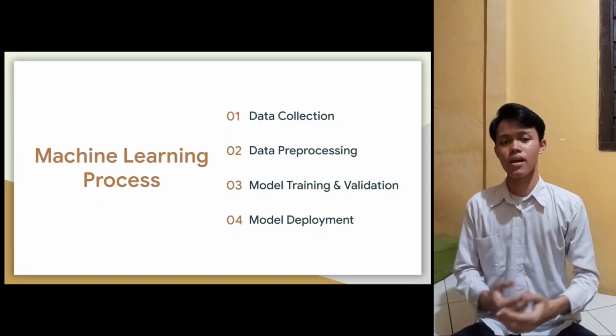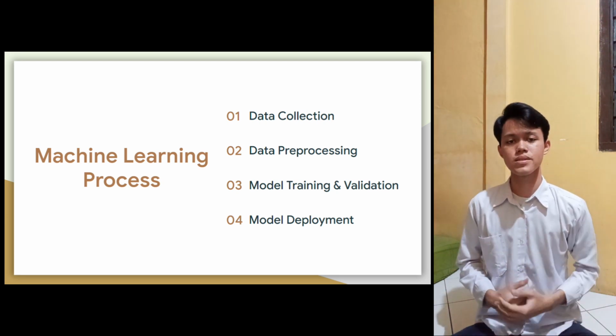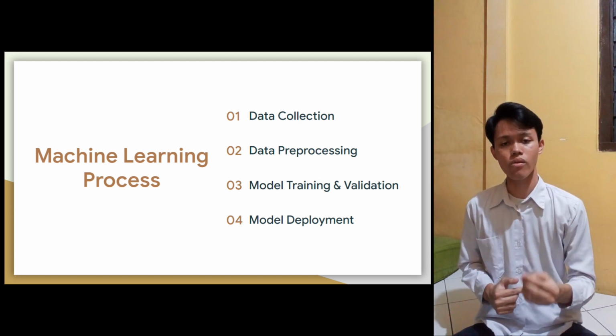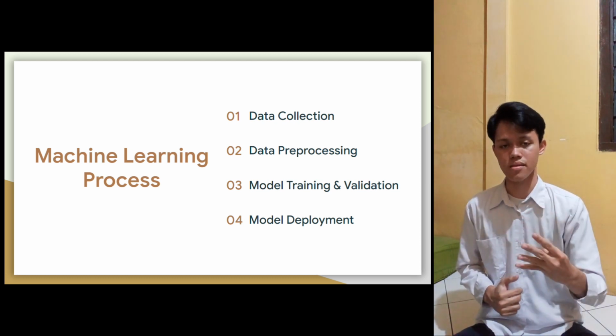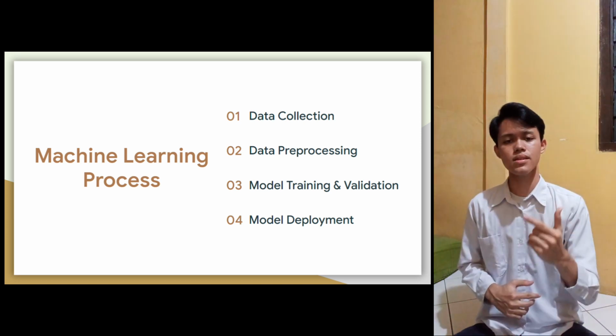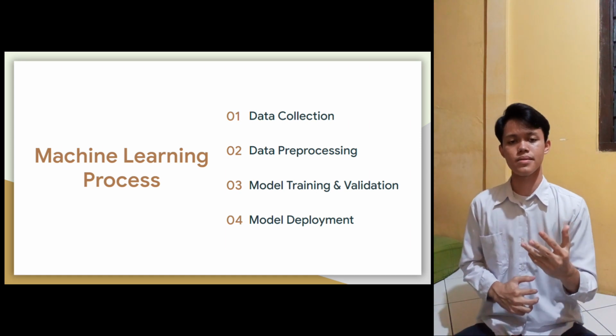I'm Jan Orienting, and here I will explain the machine learning workflow from the Recyclass application. We can see that our machine learning workflow is divided into 4 sections, namely data collection, data pre-processing, model training and validation, and model deployment.